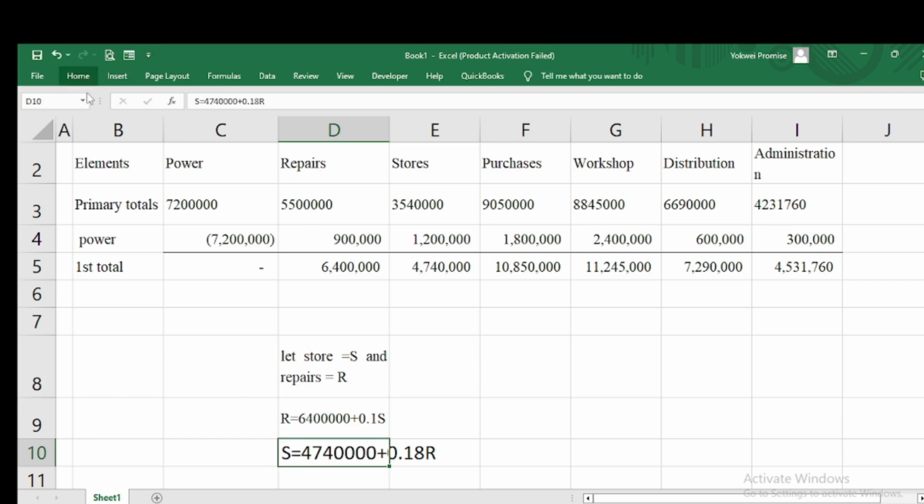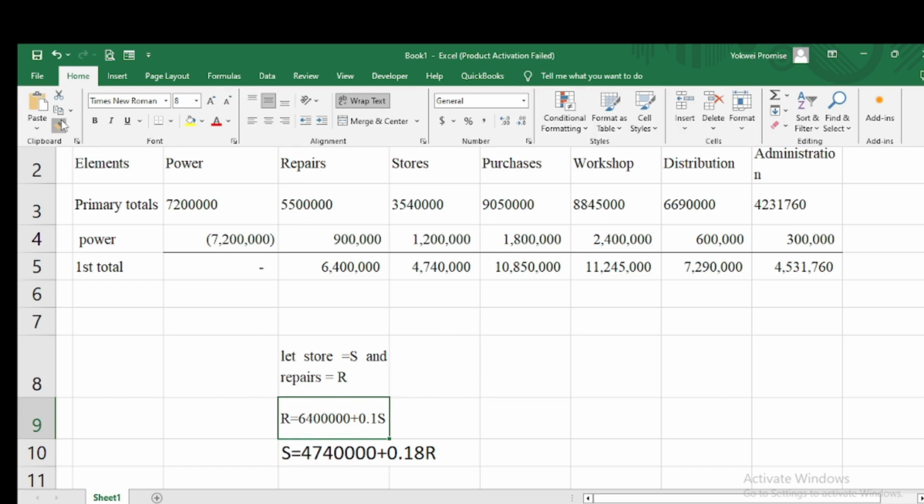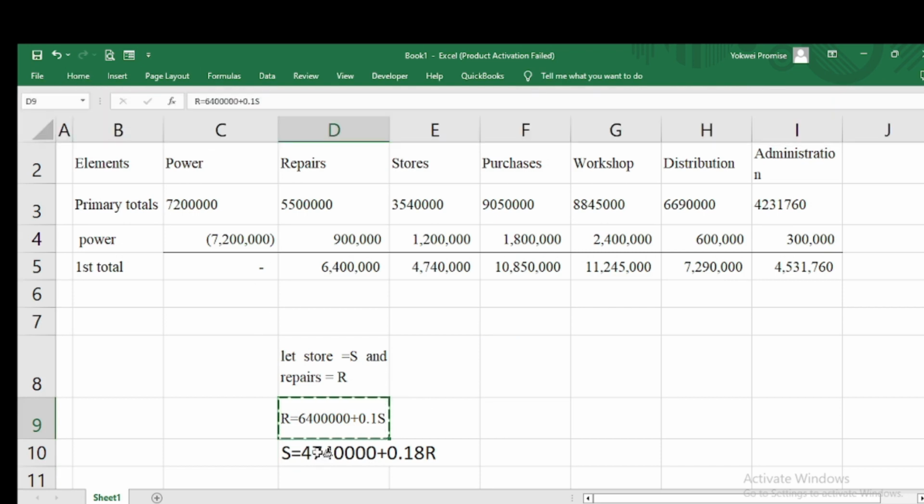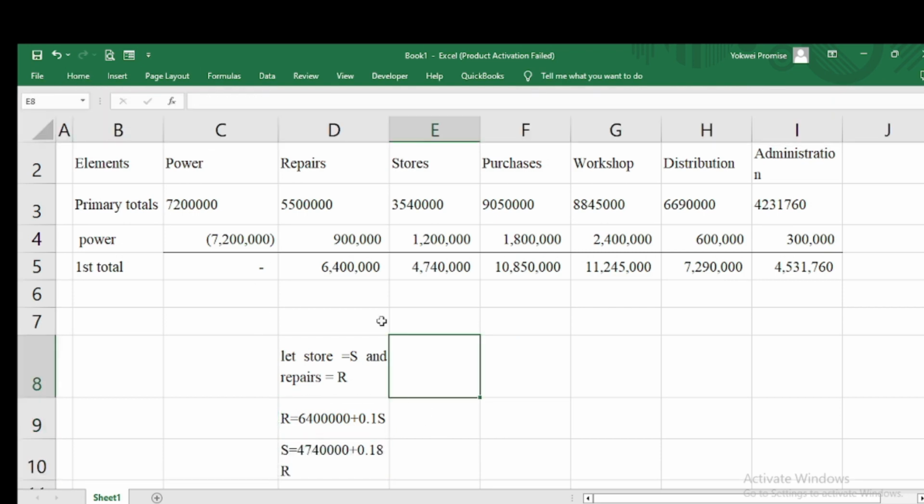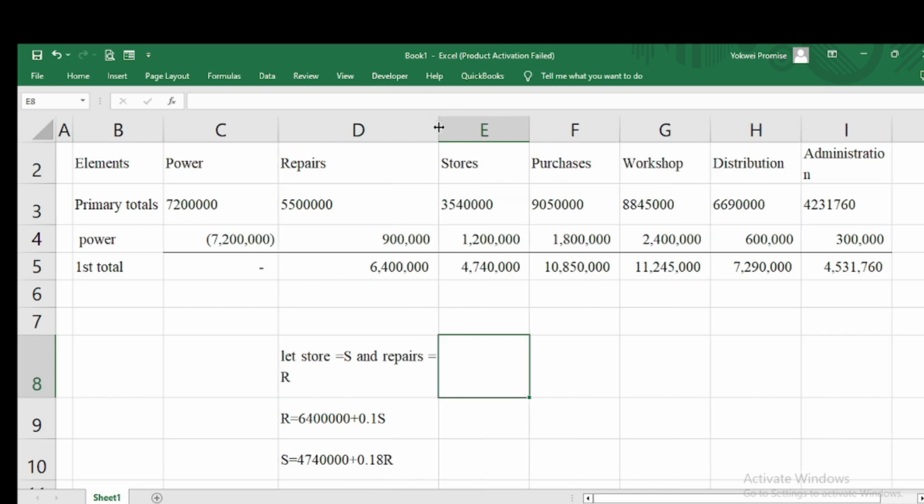Please, these are our two equations. You number them equation 1 and equation 2.